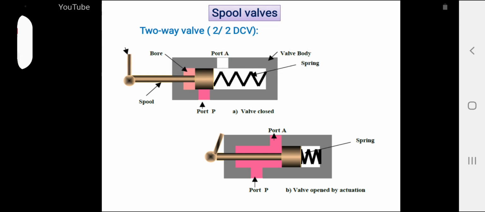This is the simplest type of direction control valve, a check valve, which is a two-way valve because it contains two ports. In the figure you can see there are two ports. These valves are also called on-off valves because they allow the fluid flow only in one direction and the valve is normally closed.